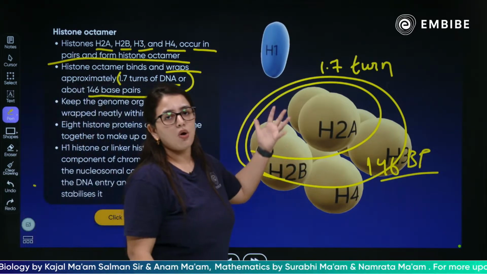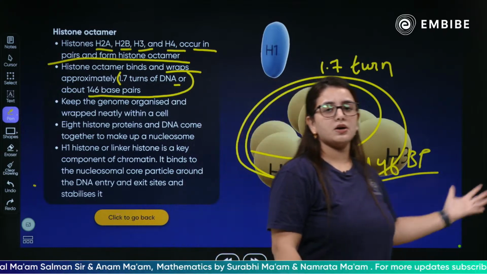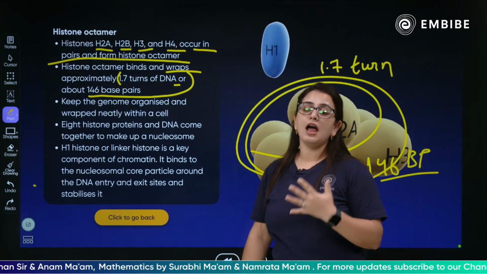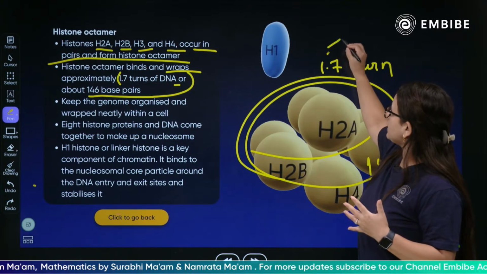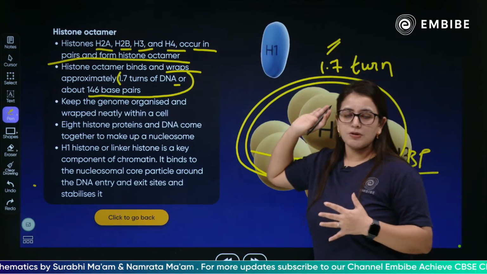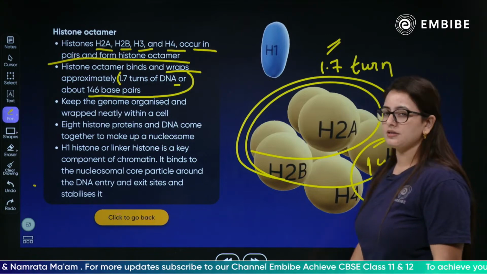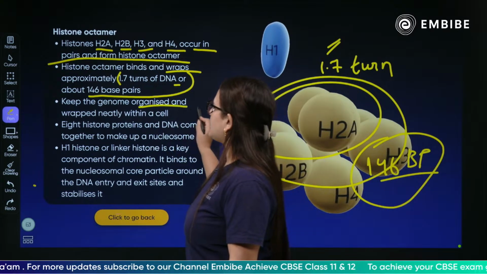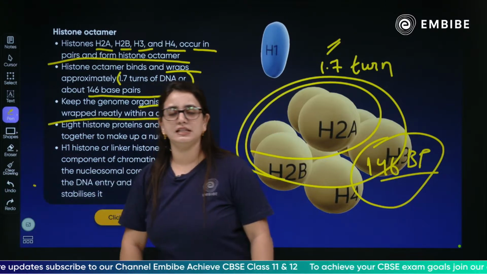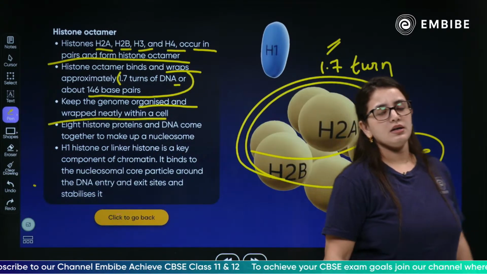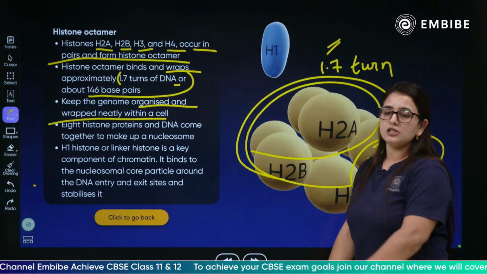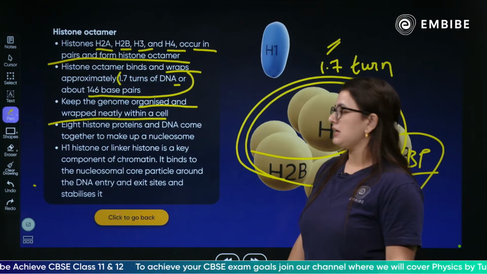Please remember this: the octamer of histone protein wraps around 1.7 turns. Children, not even 2 turns, 1.7 turns and approximately 146 base pairs. It keeps the genome organized and wrapped neatly within the cell. Yes, this is the reason your DNA is so neatly, so cleanly wrapped in the cell.